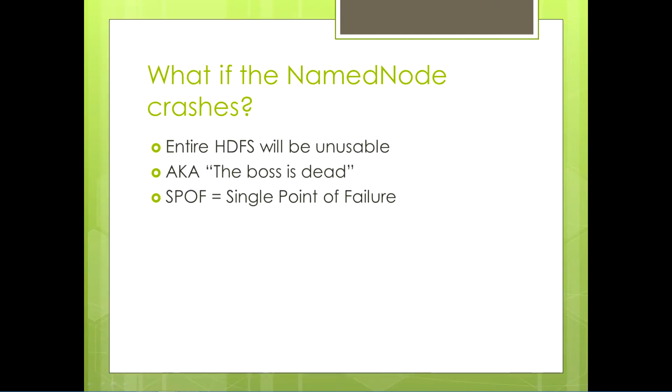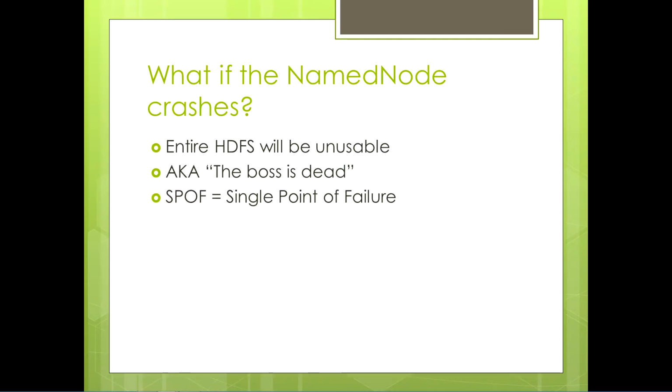So what if the name node crashes? When that happens, the entire HDFS will be unusable. Another way of looking at it is, imagine the boss is, maybe I should have used a better word than dead. Let's just say the boss is missing. If the boss is missing, then your entire organization might be halted until you find another boss who can replace him.